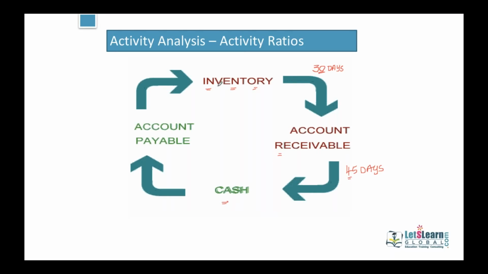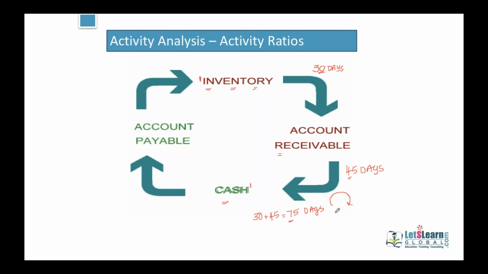Therefore, the period from the inventory to cash conversion is 30 plus 45, 75 days from the day of purchase. From the day of purchase of this inventory, it took 75 days to see it in the form of cash. So inventory is becoming cash in 75 days time. This cycle is called the operating cycle.